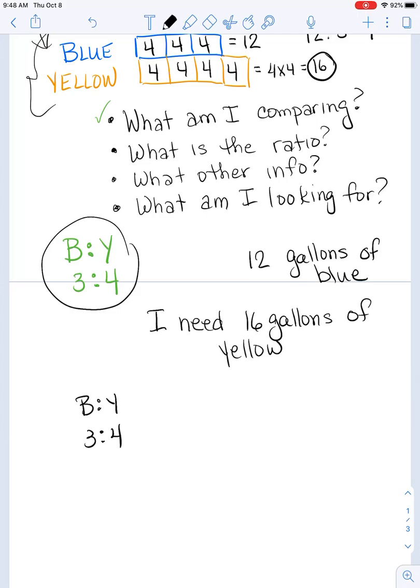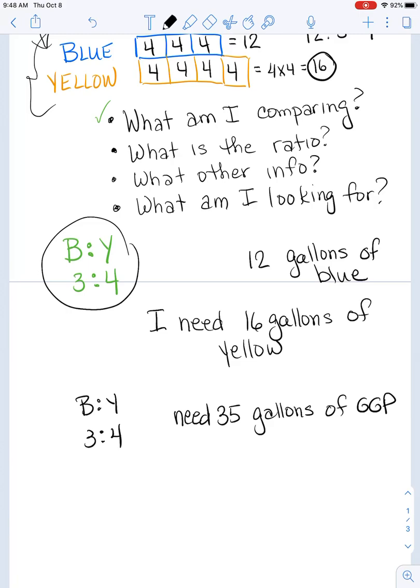What if I said to you, I need to make, let's see, 35 gallons, okay? I need 35 gallons of goofy green paint. All right, let's see how this looks.